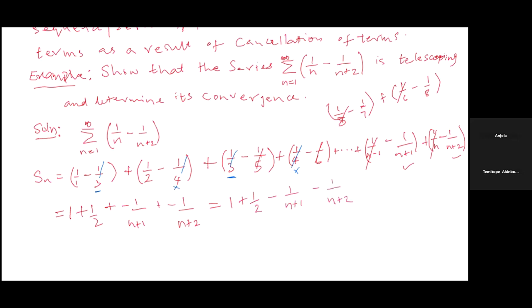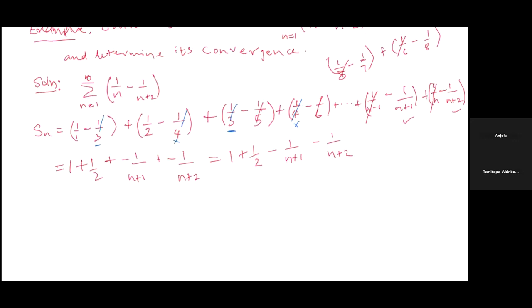Let me scroll up. I can add 1 and 1 over 2 together, and that will give me 3 over 2. Is that clear? Yes, sir. Okay. Minus, now I can take the LCM of 1 over n plus 1 and 1 over n plus 2.